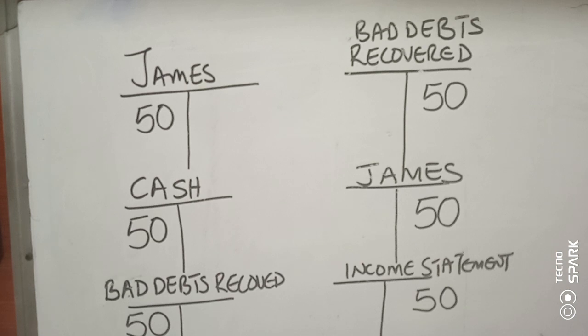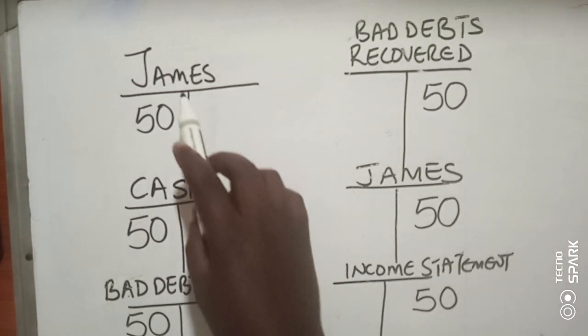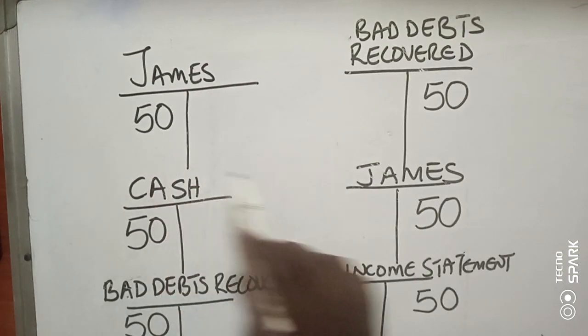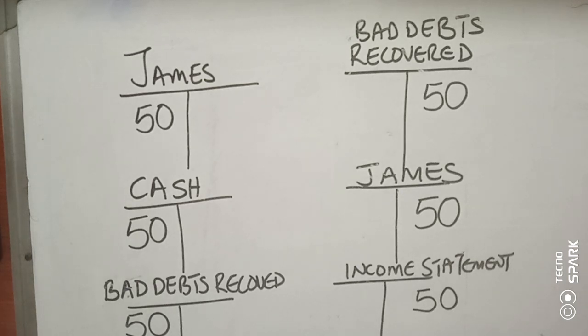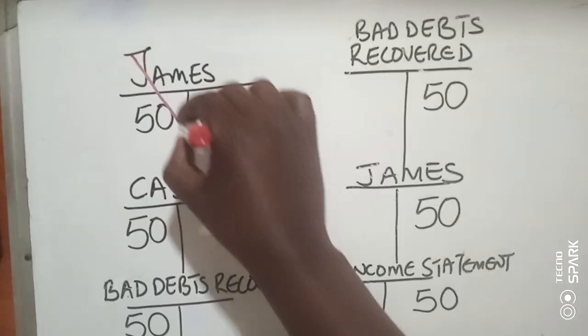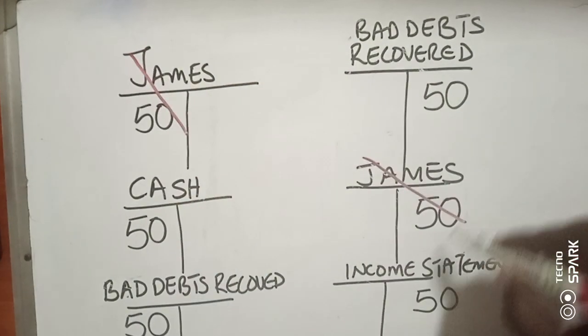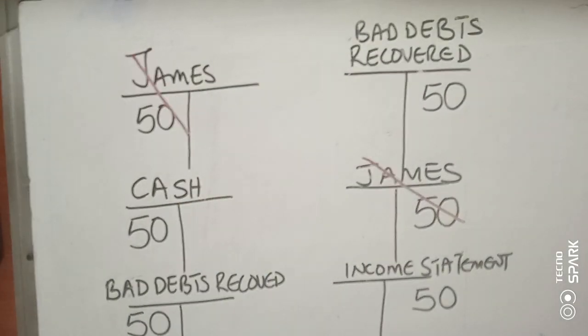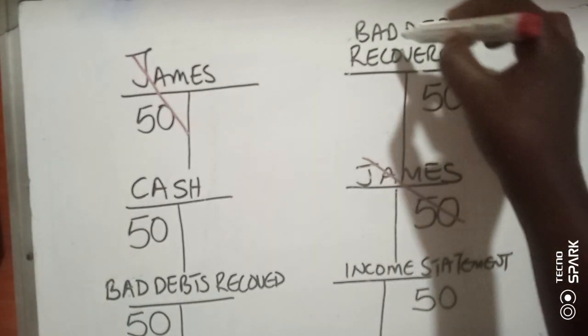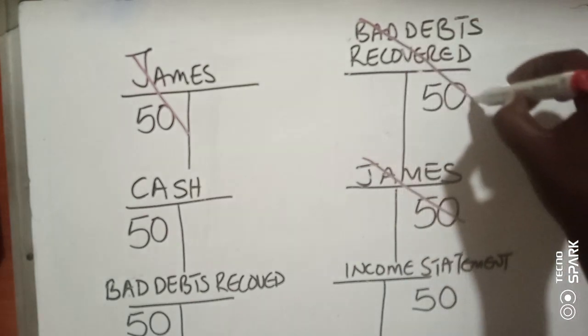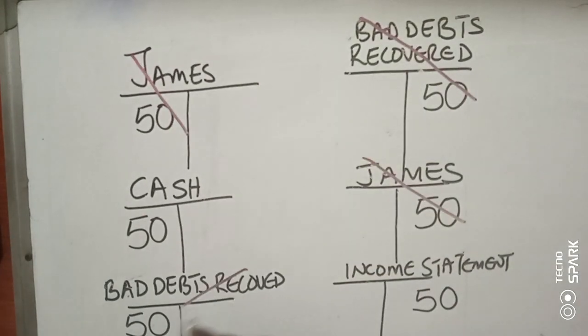Right? If we check here, we have James' account with a debit and James' account with a credit. So what it means is that we can actually cancel that account because it's now zero. So we can cancel this account and this account. Then if you also check, you will discover that bad debts recovered here has a credit balance and this one has a debit balance.